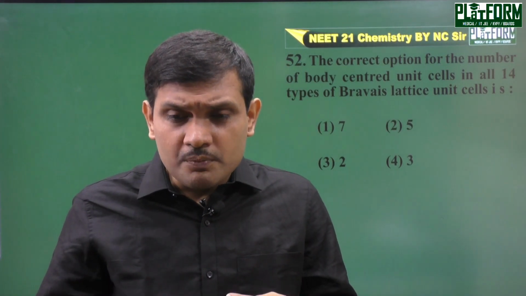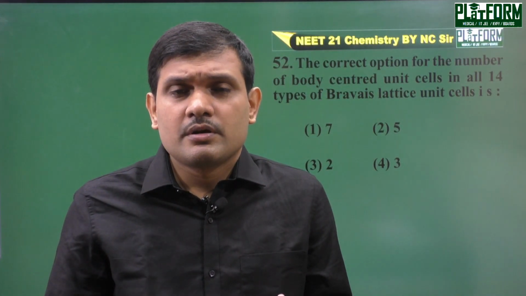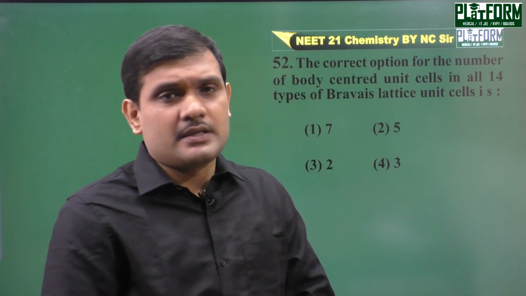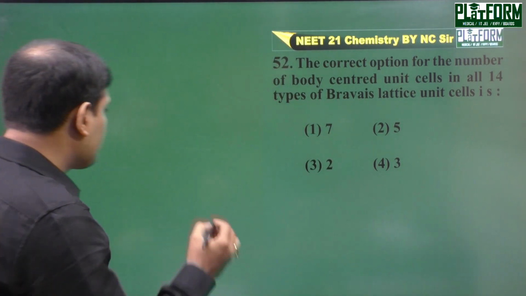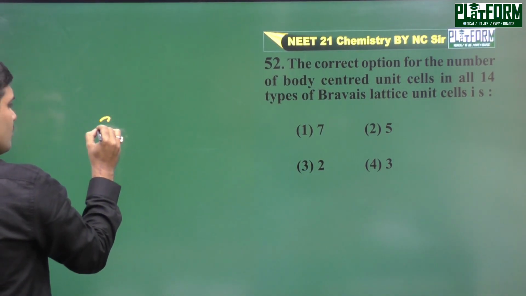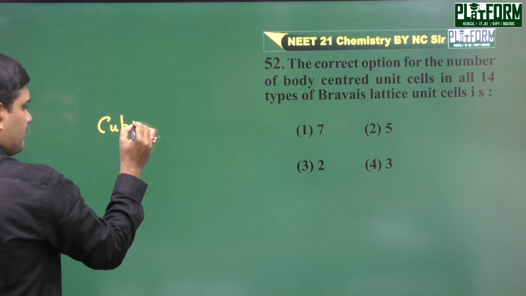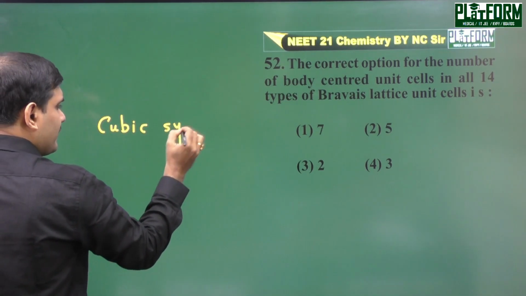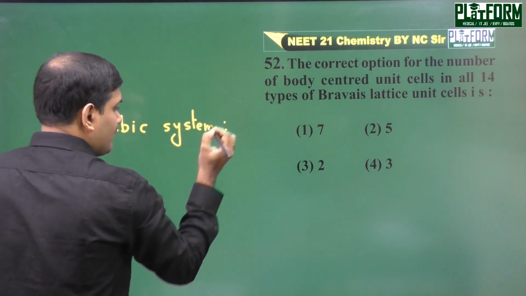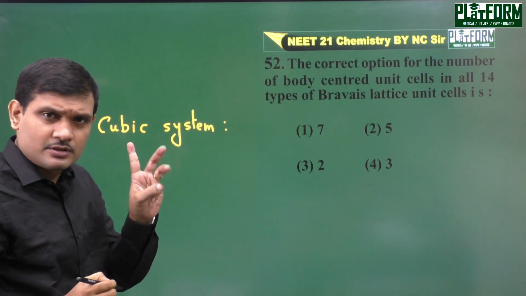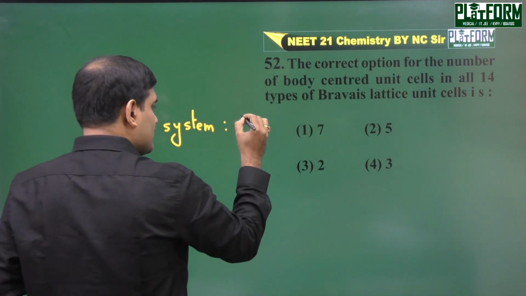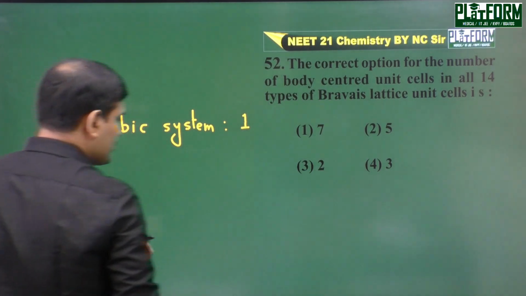Now, which of these crystal systems have a body centered Bravais lattice? The cubic system will have 3 Bravais lattices: simple cubic, body centered cubic, and face centered cubic. So it has a body centered lattice.